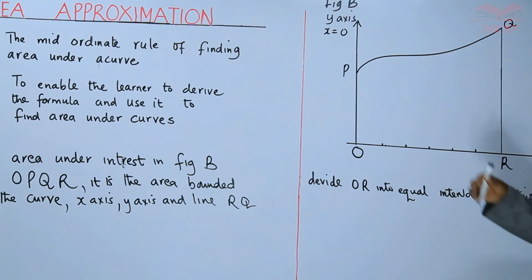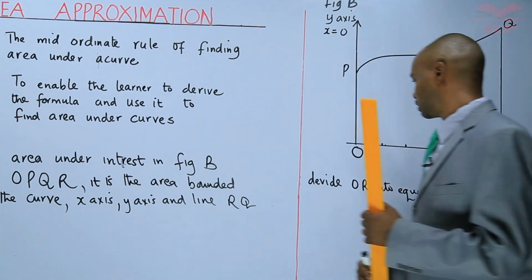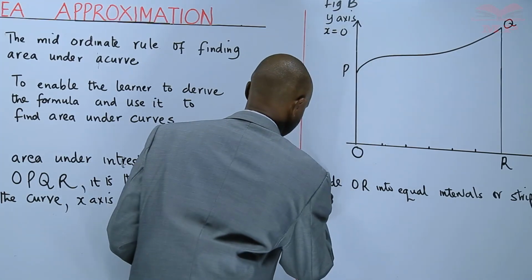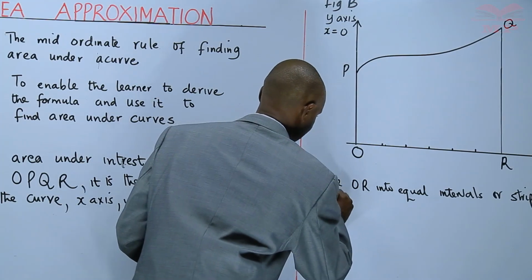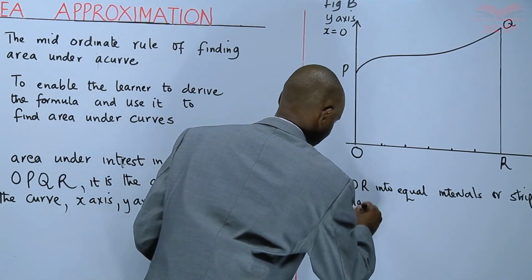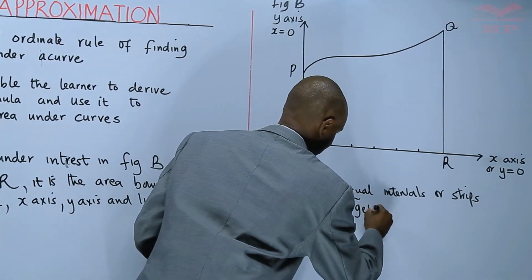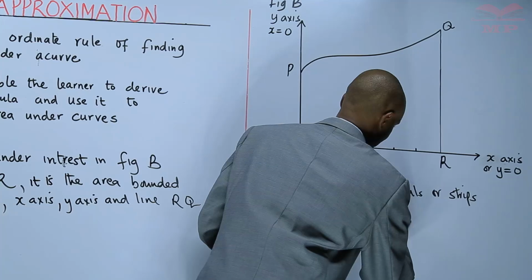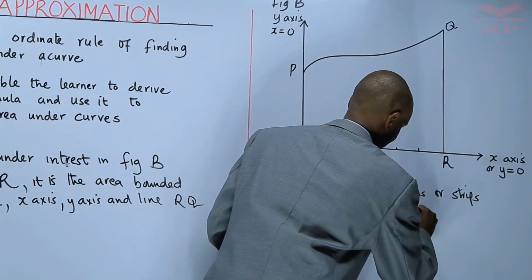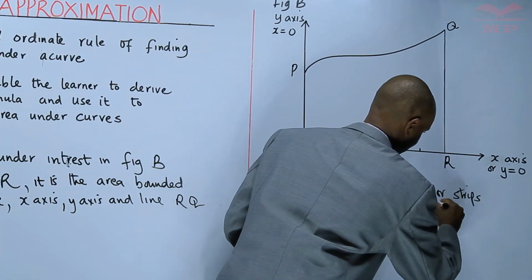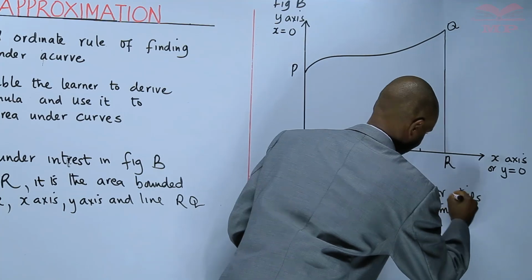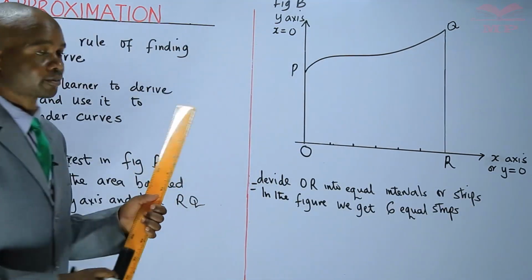You take that length and you divide it into equal strips. So in the figure, we get 6 equal strips.